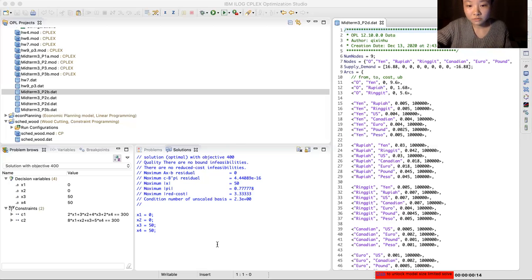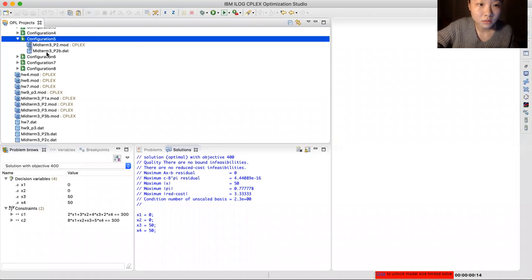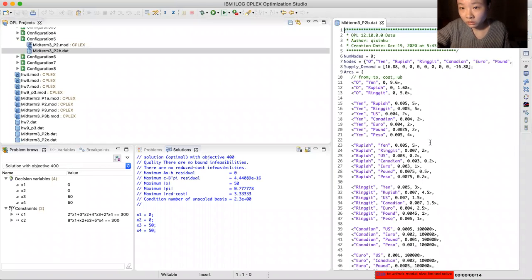And for part B, here is my code. The 0 here means there's no cost from the dummy supply node to the original yen, rupees, and ringgit, and this is the maximum transaction limit.